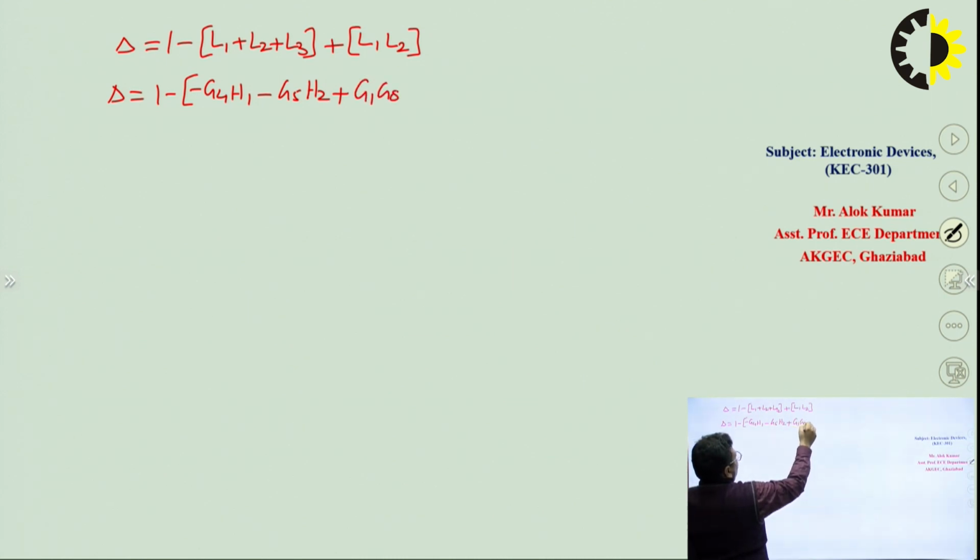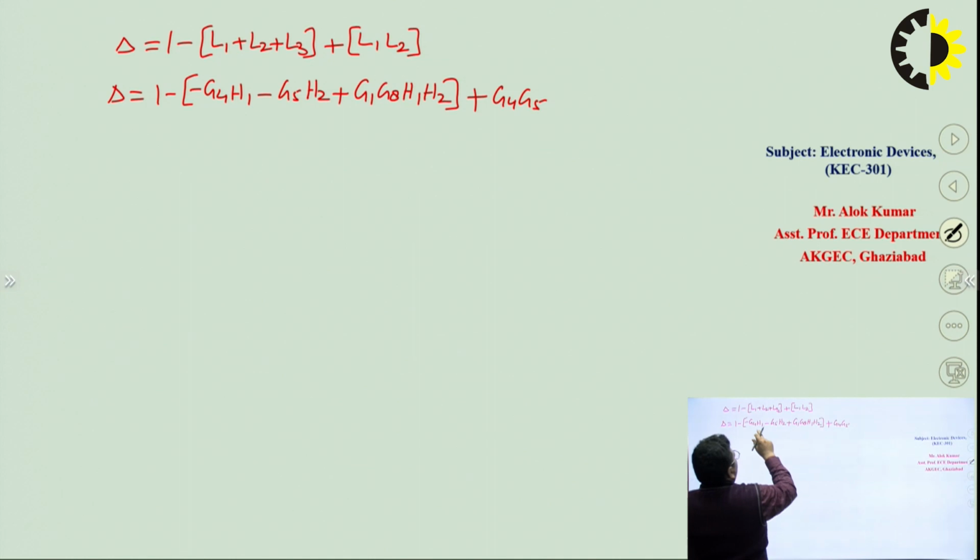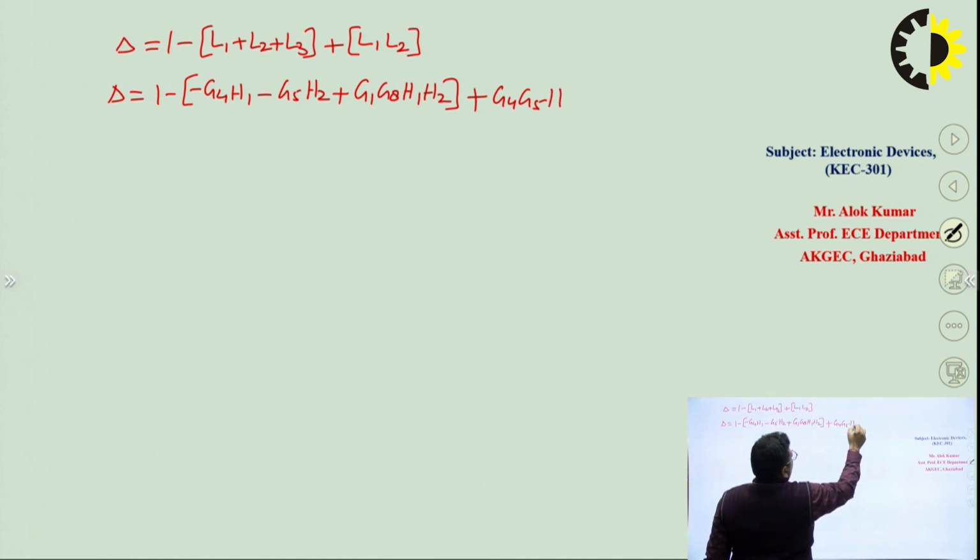And now L1 into L2, the product of these two: these two values are negative, so the product will be positive, so it will be G4, G5, H1 and H2. So this will be the value of delta.